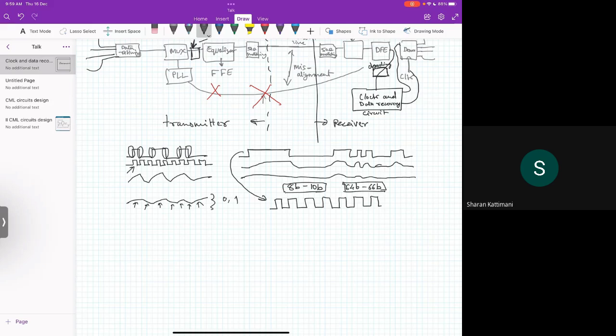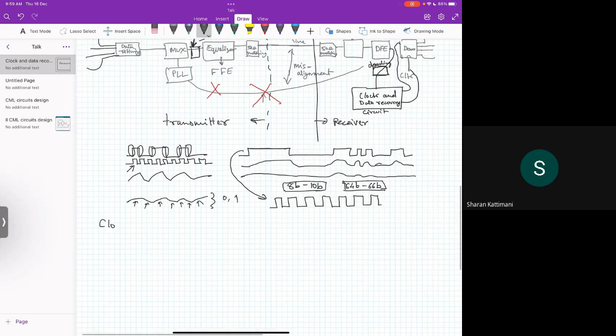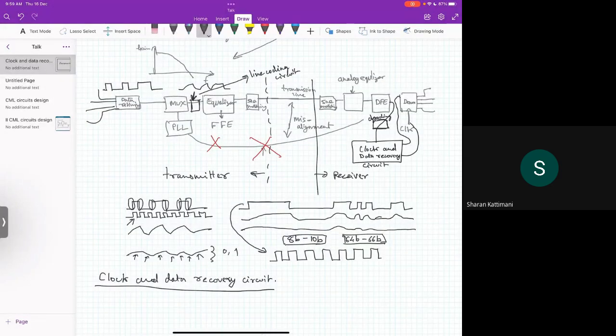Now moving to the clock and data recovery circuit. You can understand that all the blocks available here are very challenging blocks.